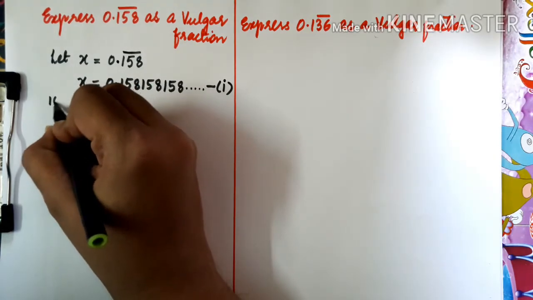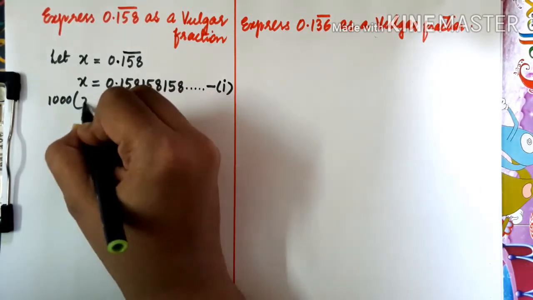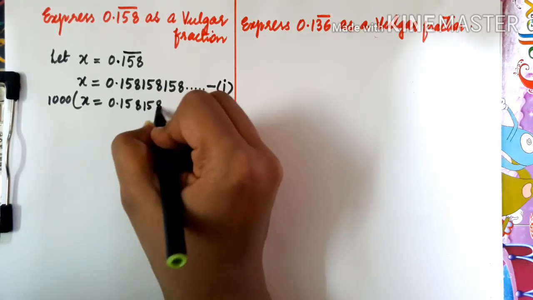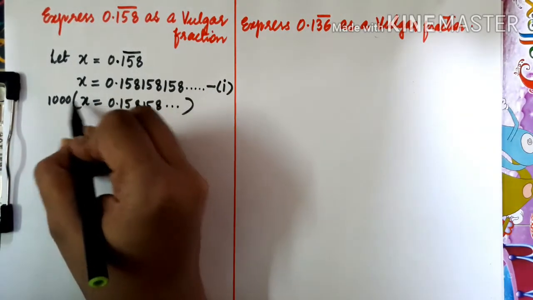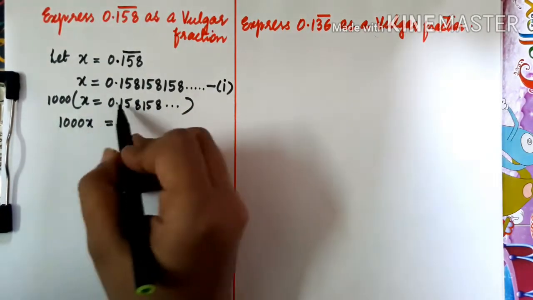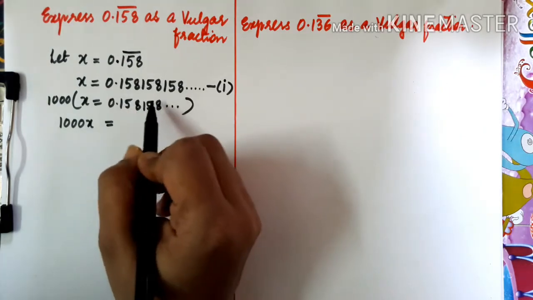So now 1000 into x will give you 1000x equals 1000 into 0.158 158 and so on.